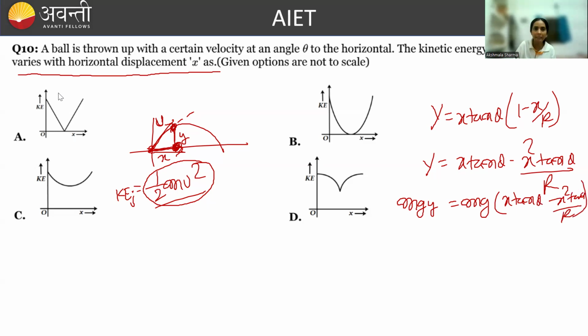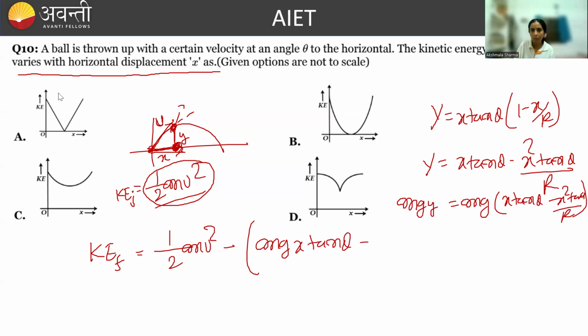So what will be the kinetic energy at this point? Kinetic energy at any point will be the initial kinetic energy minus the potential energy at that point, which is mg times x tan theta minus x square tan theta by r. This is the kinetic energy at any position indicated by x and y.